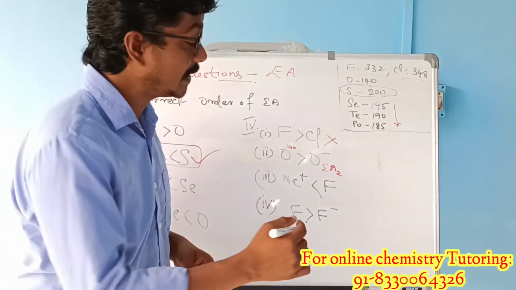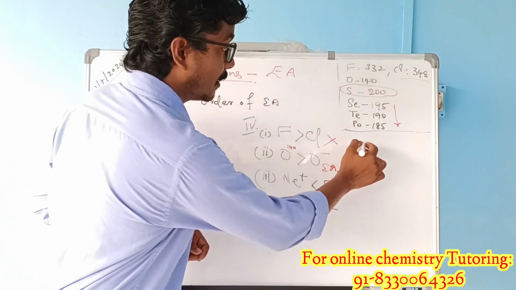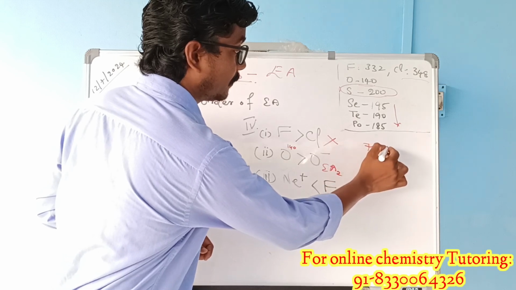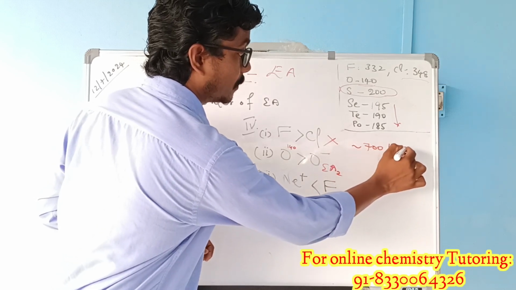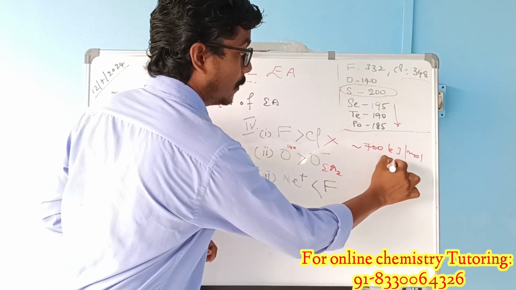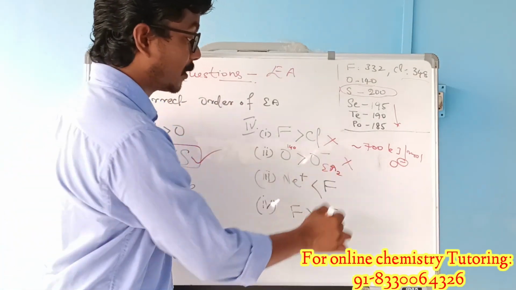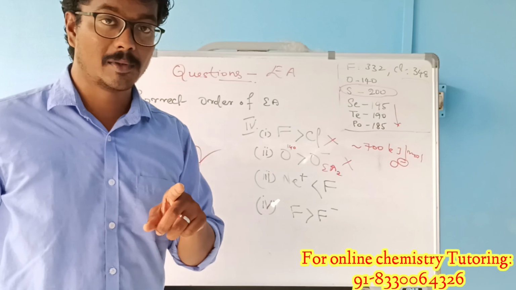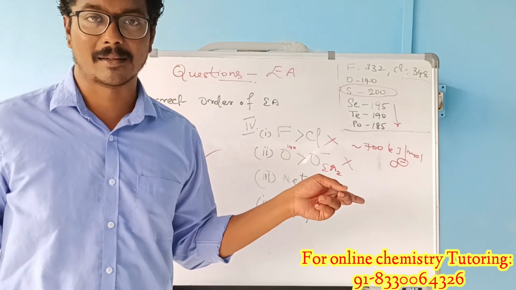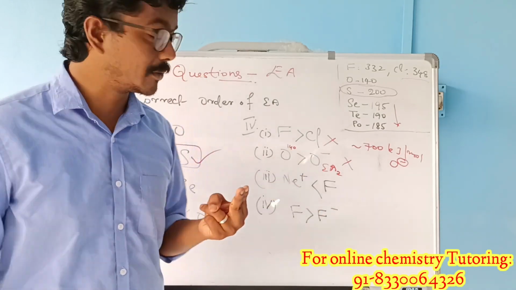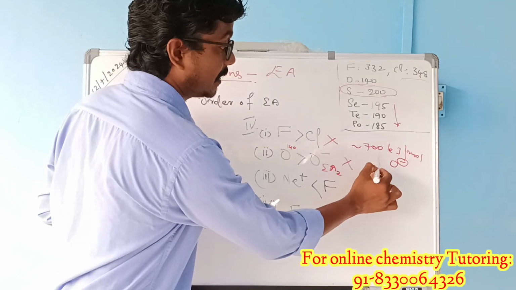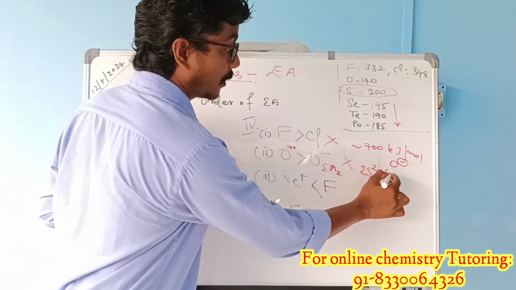Experimentally it is found to be approximately 700 kilojoule per mole for O minus. So this is also wrong, because in order to get one more electron, oxygen will complete its octet, right? Oxygen requires two electrons because the valence shell electronic configuration is 2s2 2p4.